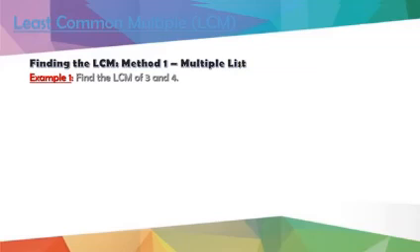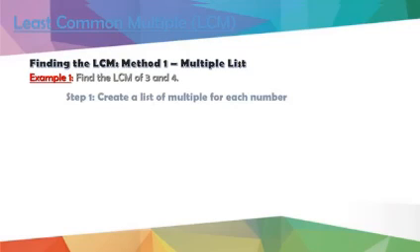Least common multiple, LCM. Finding the least common multiple, or the LCM. Find the LCM of 3 and 4. First step, list the multiples of each number.